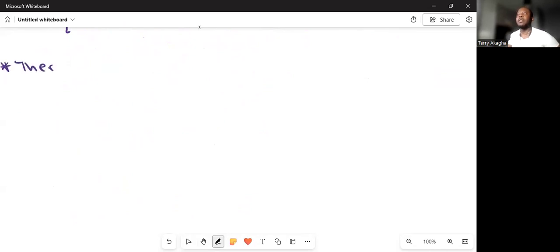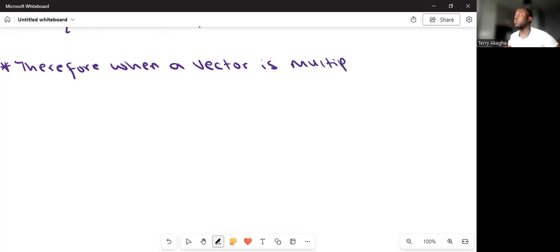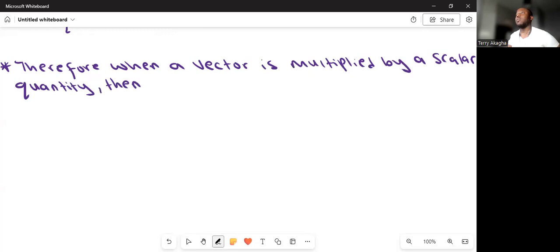So when a vector is multiplied by a scalar quantity, the magnitude of the vector changes.